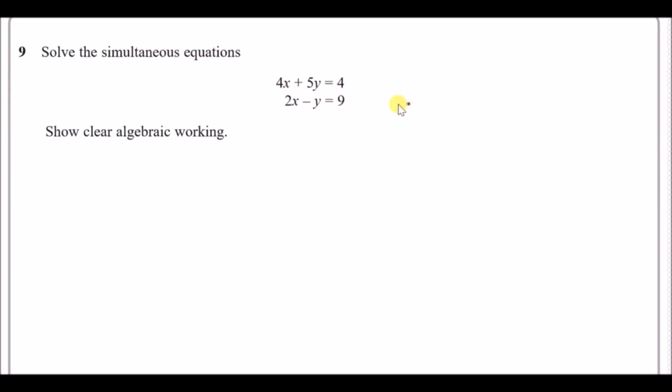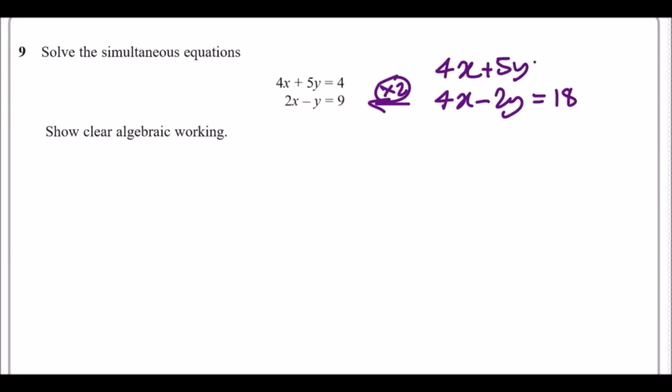So what you want to do is double the second equation, and we're going to discuss as we do it. This will give us 4x minus 2y equals 18. So remember, when you times it by 2, you times the whole equation by 2. And the first equation is going to be the same because we're not multiplying that. Now all you really have to worry about is subtracting these pair of equations, because you have 2 different variables in the same equation, you cannot solve it.